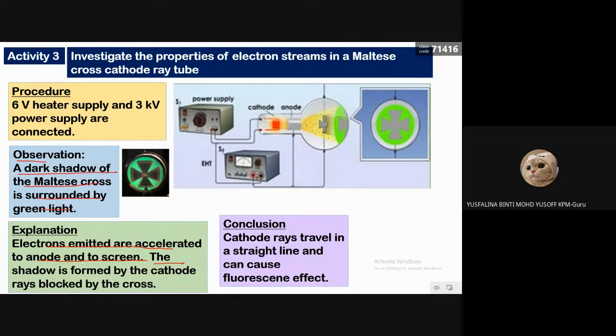The shadow is formed by the cathode rays being blocked by the cross. The cathode rays travel in a straight line and can cause a fluorescence effect, that means it becomes green because of the fluorescent effect. So this also shows that the cathode rays move in a straight line, the same as light energy.